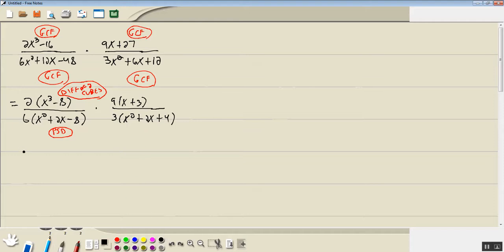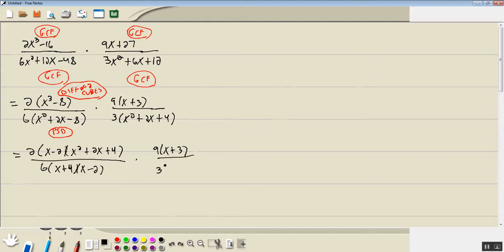Now, difference of 2 cubes factors as x minus 2 times x squared plus 2x plus 4. And this down here factors as x plus 4 times x minus 2. And everything else carries down.